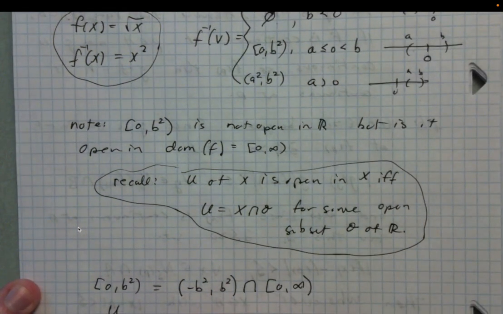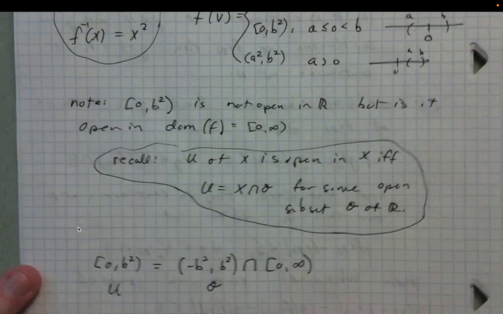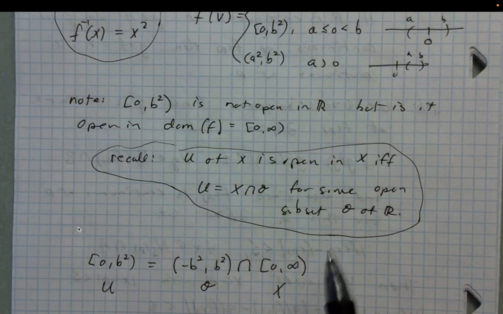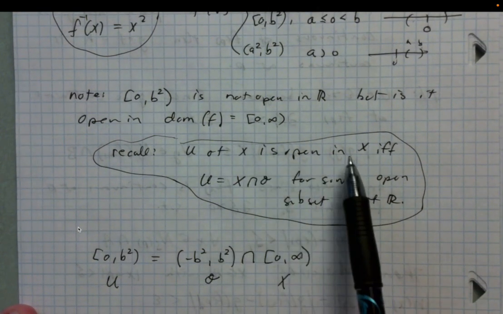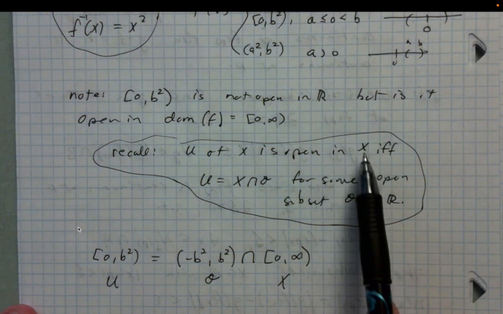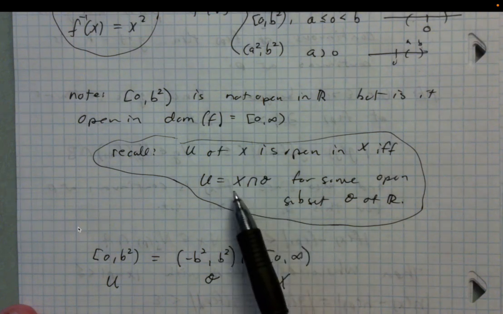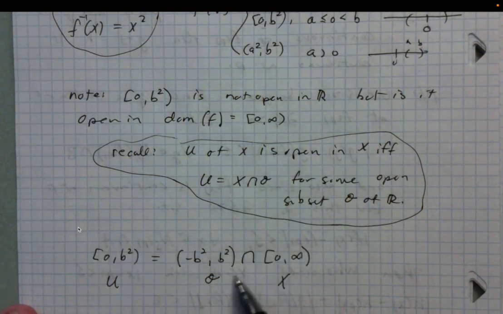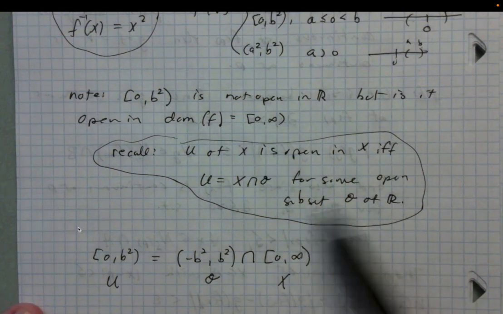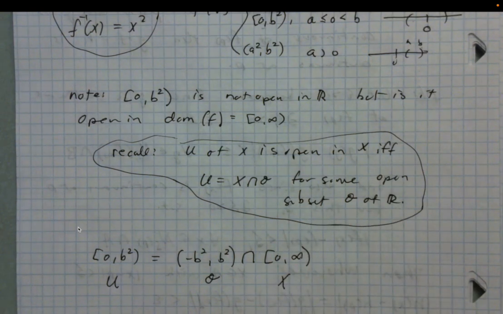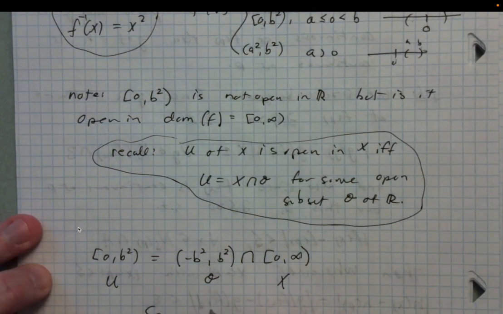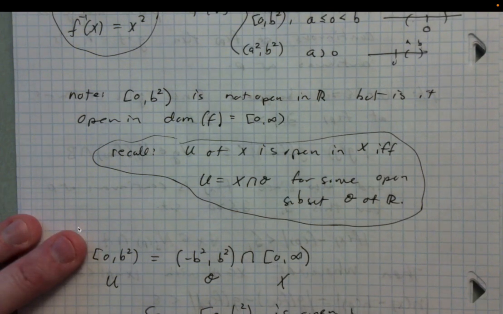And so this is like your U, this is your O, and this is your X. And so U is open in X if and only if U is equal to the intersection of X and O for some open subset O of R. And so this shows that according to that definition that we came across a few lectures back, this is true. So 0 comma b squared is open in 0 comma infinity, right?